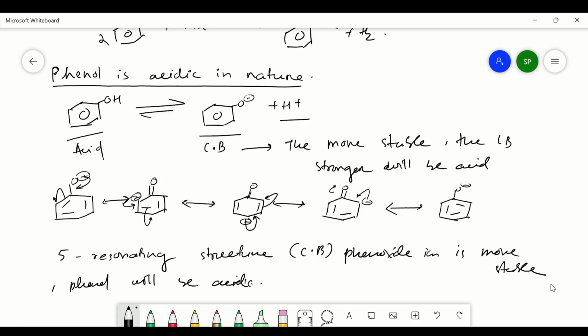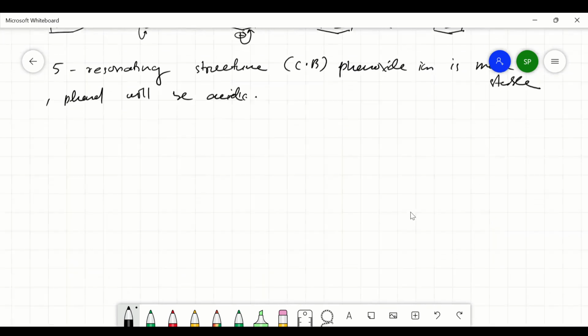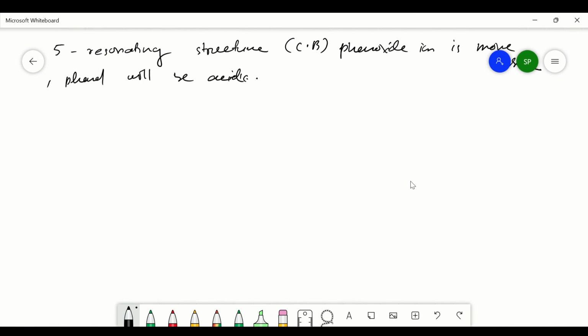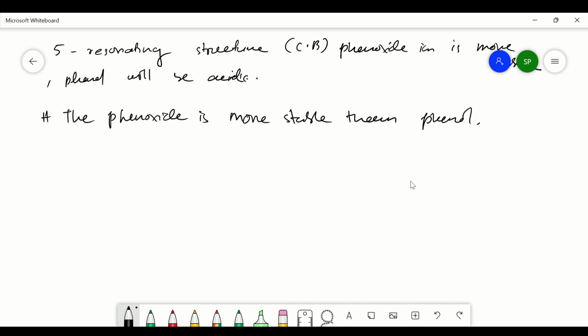Okay. Another thing we can say about phenol and the phenoxide ion is that the phenoxide ion is more stable than phenol also. If you compare the stability between phenol and phenoxide ion, the phenoxide ion is comparatively more stable than phenol. I hope you have studied this in +2 chemistry.